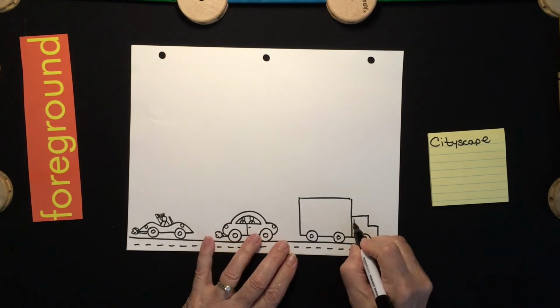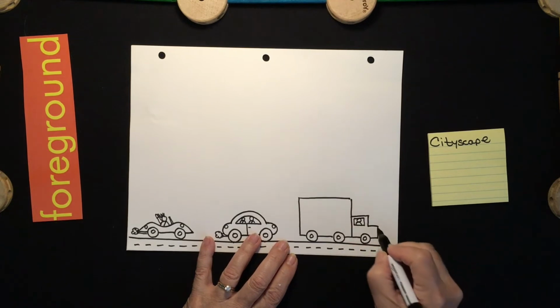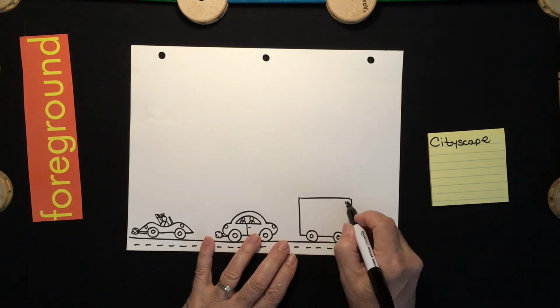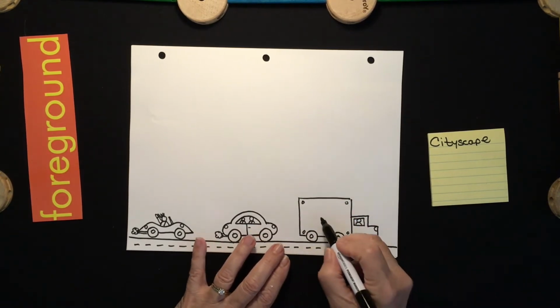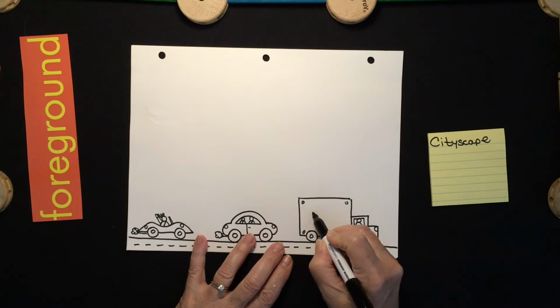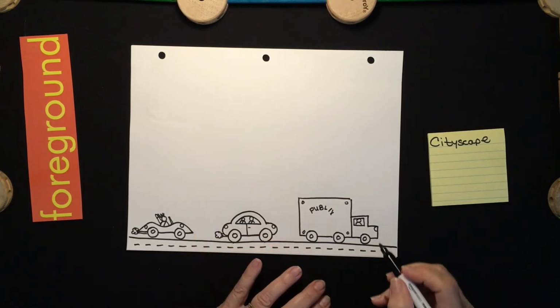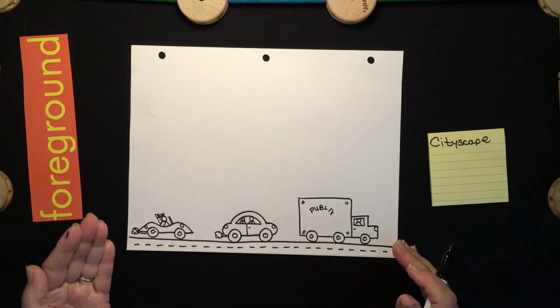Other details, the window, a passenger, or a driver, I should say, light. You can make some lights on this truck, and you can write the name of a company if you'd like. Maybe I want my truck to be a Publix truck. Publix. There.